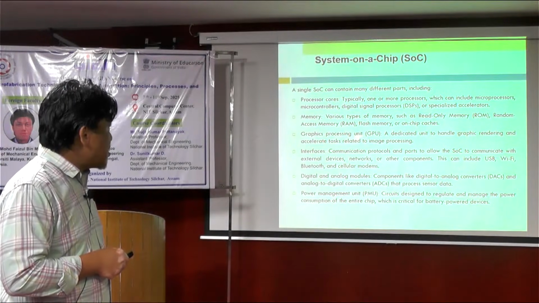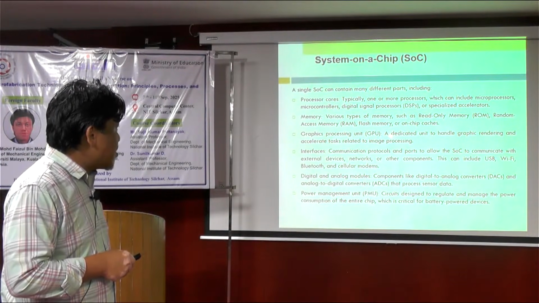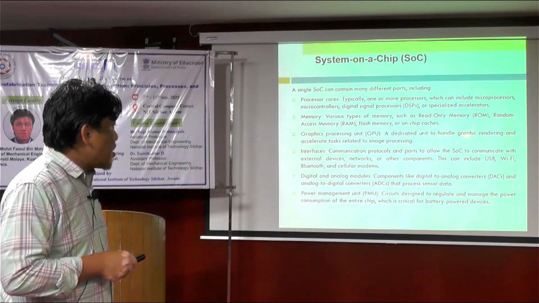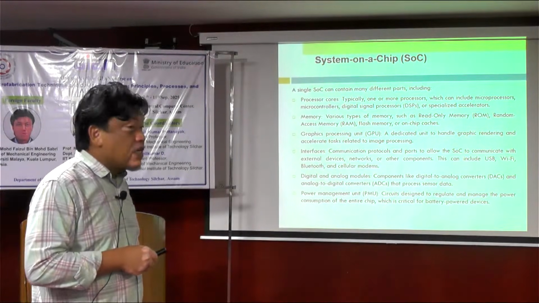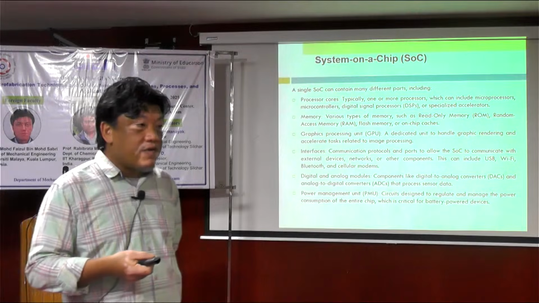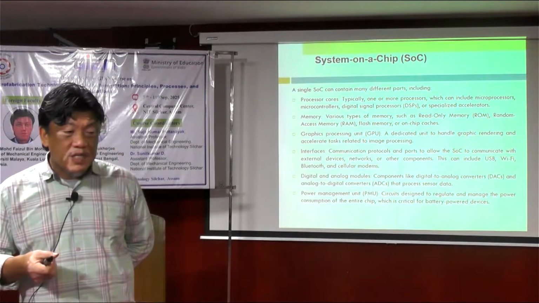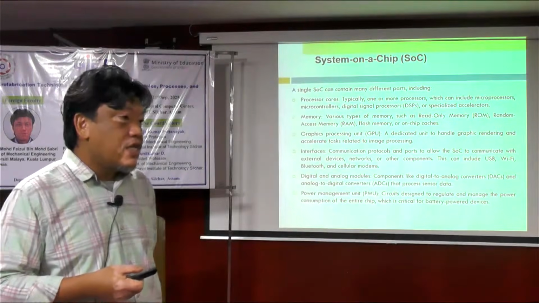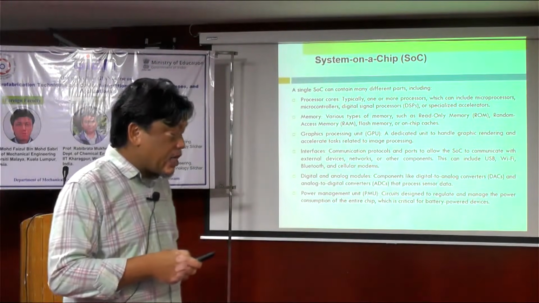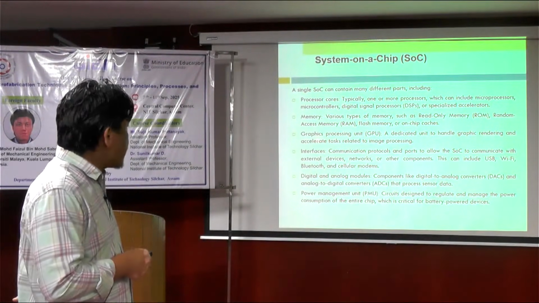A graphic processing unit can also be integrated, a dedicated unit to handle graphic rendering and accelerate tasks related to image processing. So you can see that nowadays with a small camera, for example the MEMS CCD, you can also get the image processing done straight away.